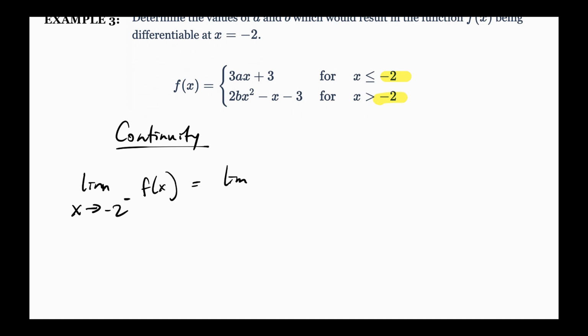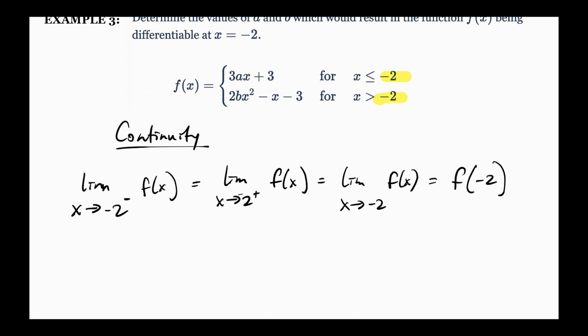We want to check to see if that's the same as the limit as x approaches -2 from the right side for f of x. If those two are equal, then the overall limit is going to be equal to f of -2.